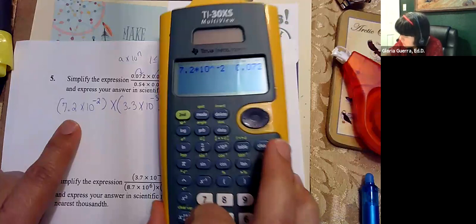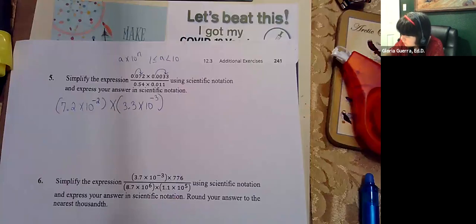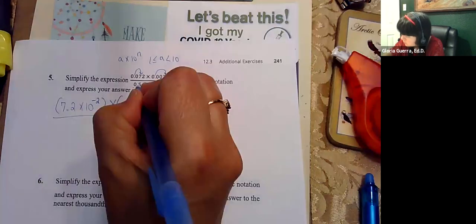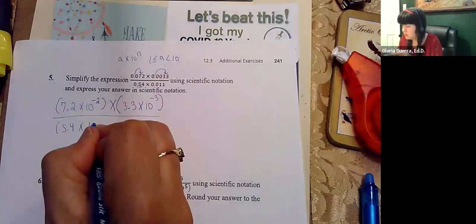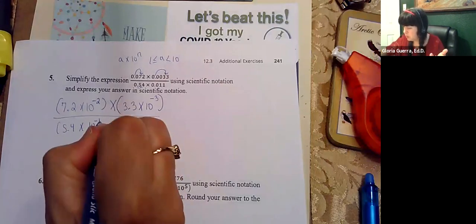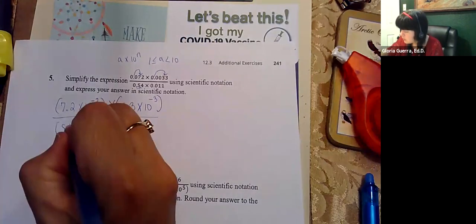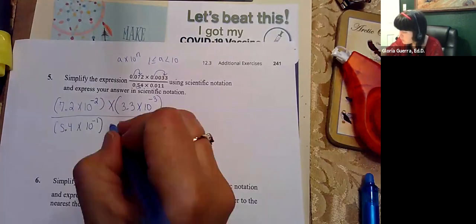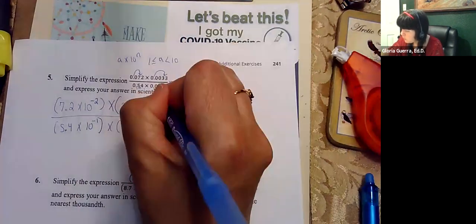And on the bottom, you want to move this decimal in between the 5 and the 4. And you just move that one time, and you want this to be small, 0.54 is small, times, and here you want to move it between the 1.1.